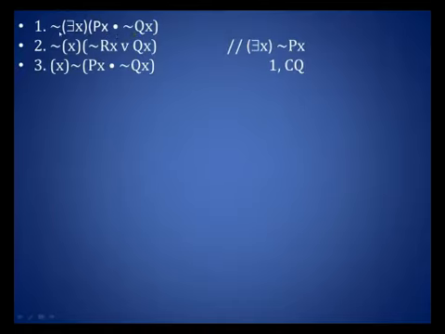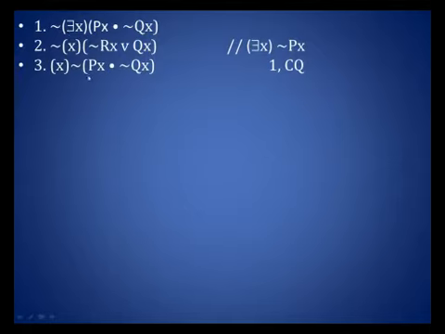All right, look at number 1. There does not exist one single instance where PX and not QX. So that means that for everything that exists, it's not the case PX and not QX. So by using quantifier exchange or change of quantifier rule, we can convert this to this.